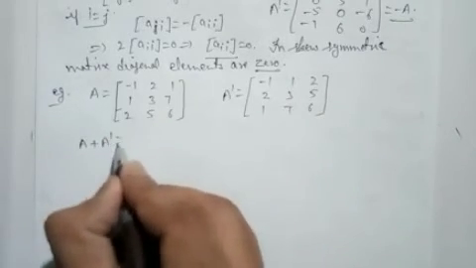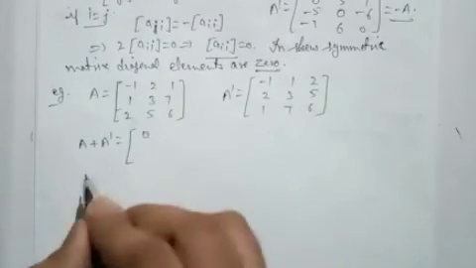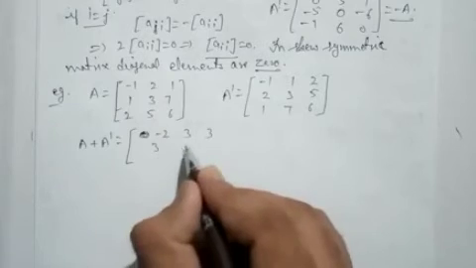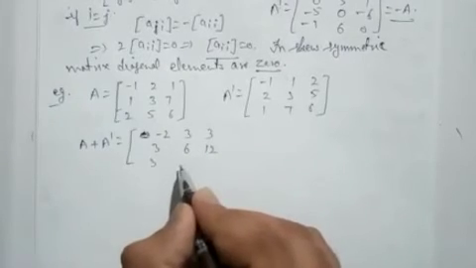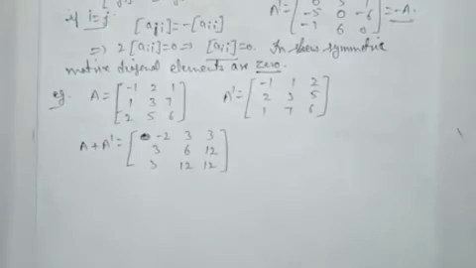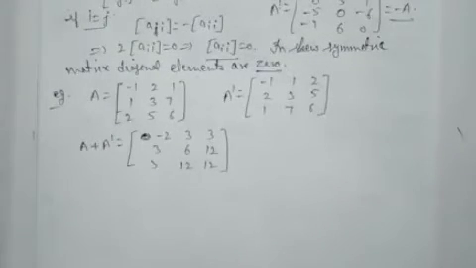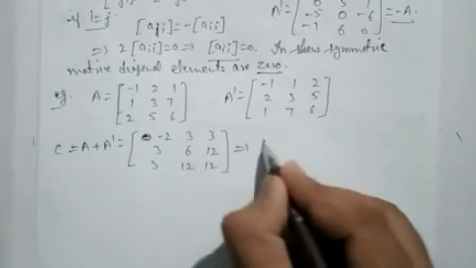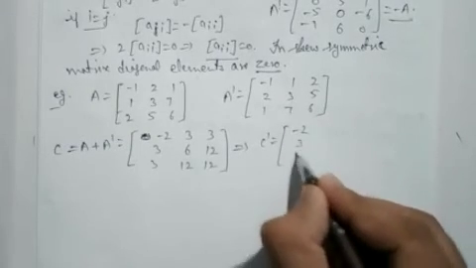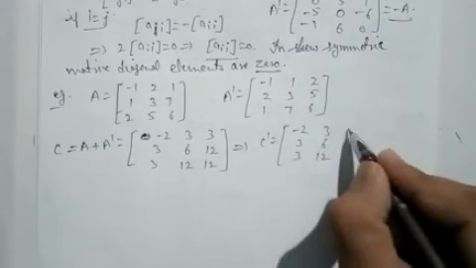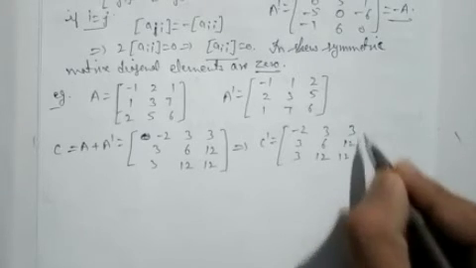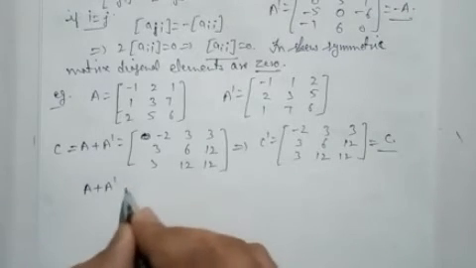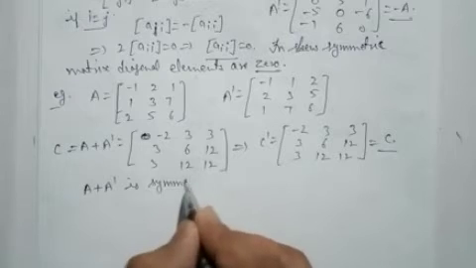A plus A transpose is, sorry, minus 2 3 3, 3 6 12, 3 12 12. Clear. Let this be the C matrix, then C transpose is minus 2 3 3, 3 6 12, 3 12 12, which is equal to C. Means we can say that A plus A dash is a symmetric matrix.